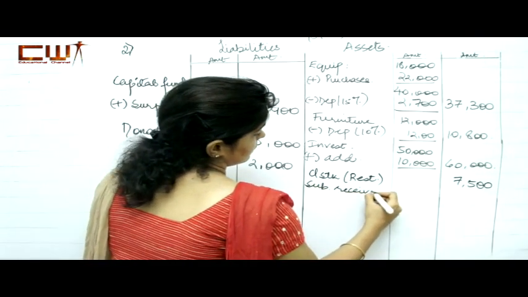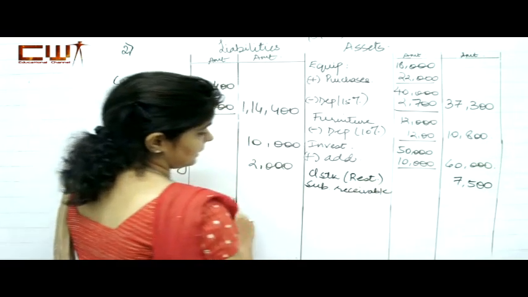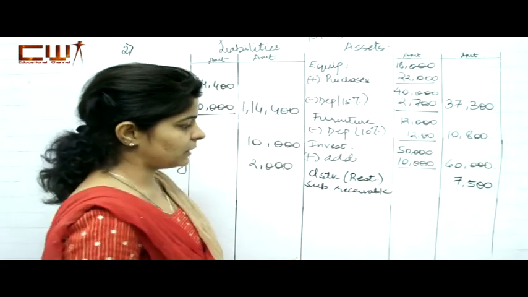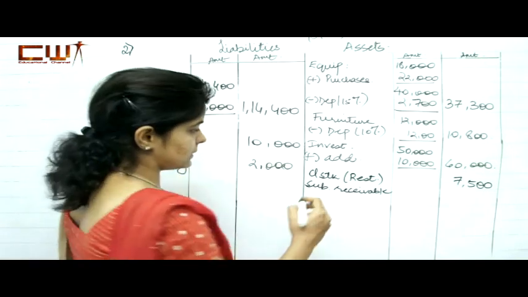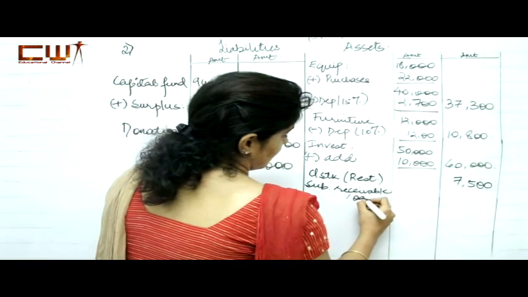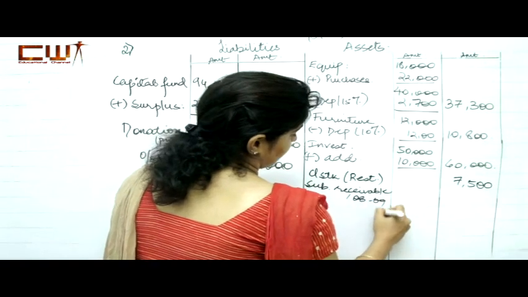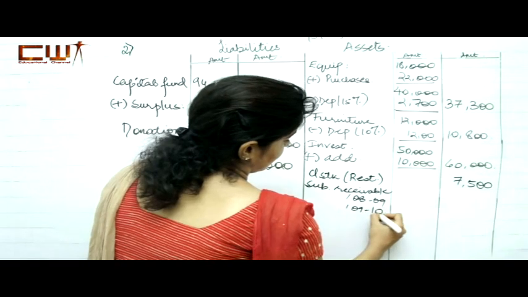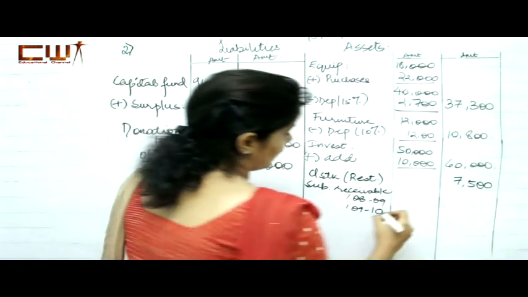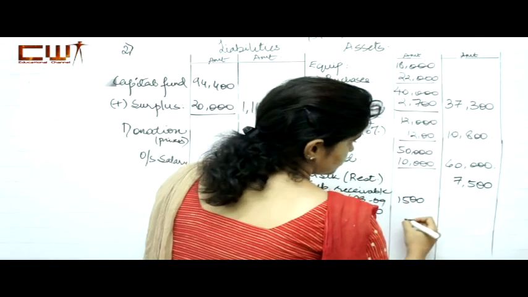Subscription outstanding will come that side, and receivable, that is to be received in future, that is pre-receivable income, will come on this side. That is 1,500 and 4,000.